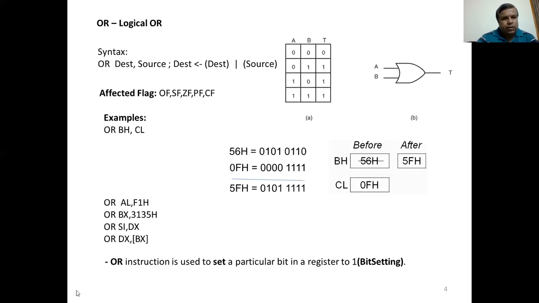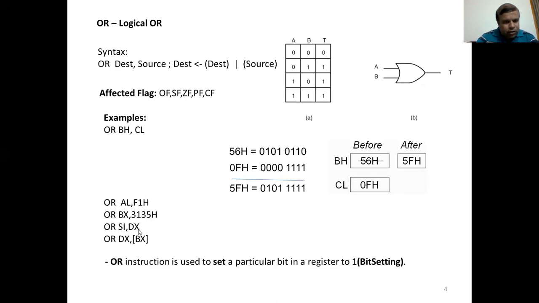Similarly, the remaining examples: OR AL, F1H, a byte stored in AL is logically ORed with F1H and the result will be stored in AL. OR BX, 3135H, a word stored in the BX register is logically ORed with the immediate word 3135.